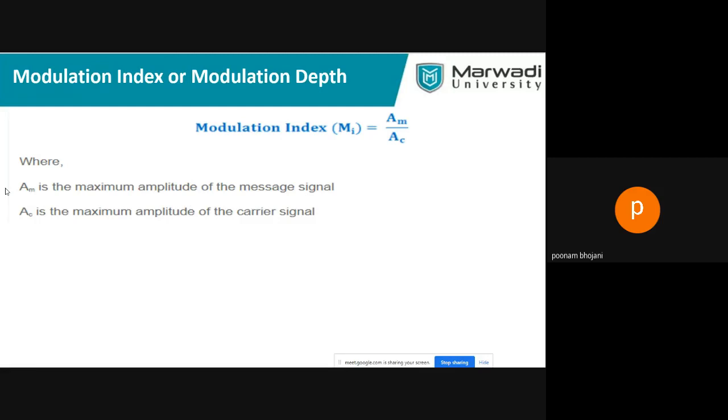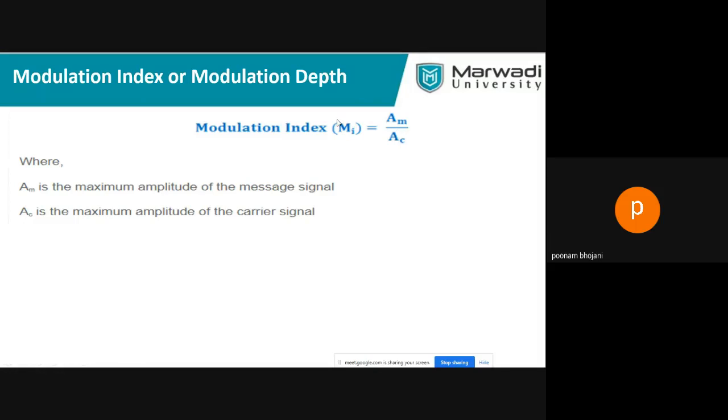So let us see the modulation index term. By changing the modulation index, these peaks will be very important in the case of different types of modulation. So modulation index is nothing but the ratio of the amplitude of the message signal to the amplitude of the carrier signal. Amplitude of message signal upon amplitude of carrier signal is known as the modulation index.